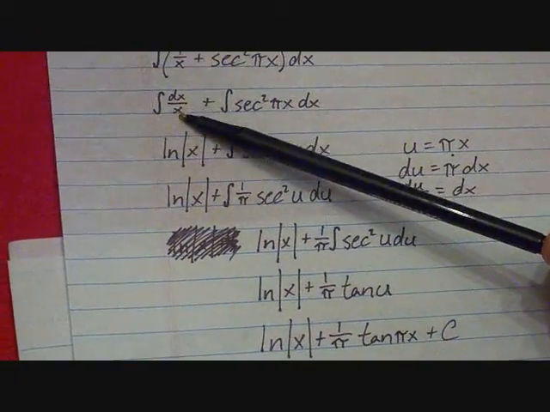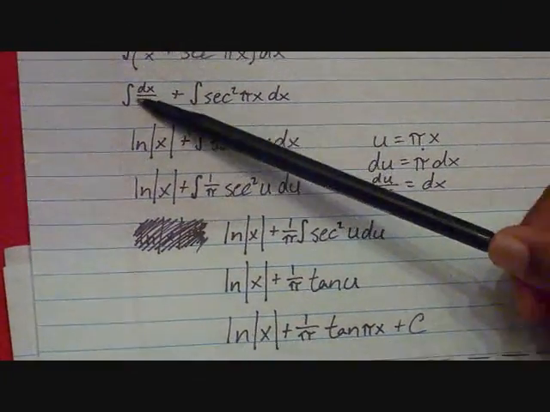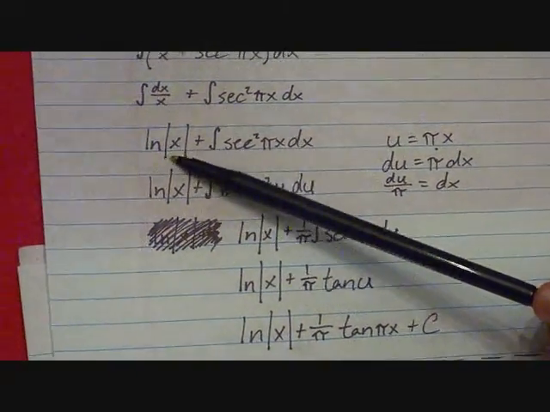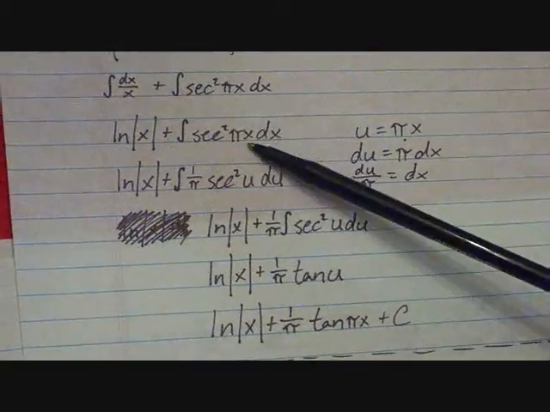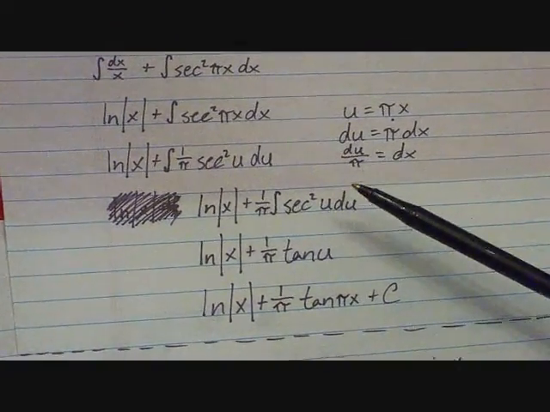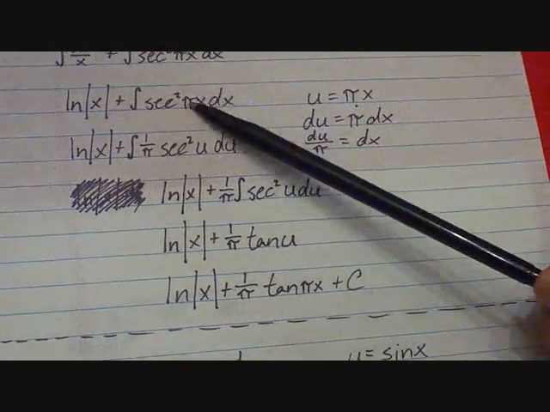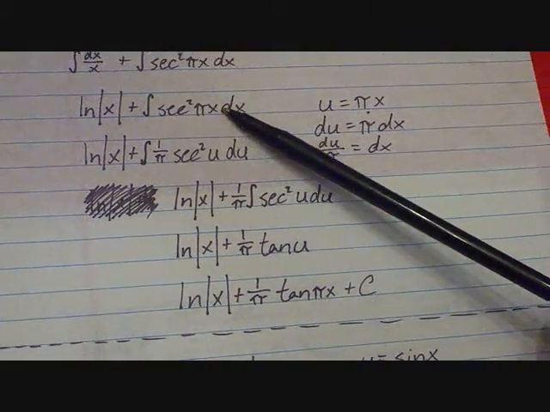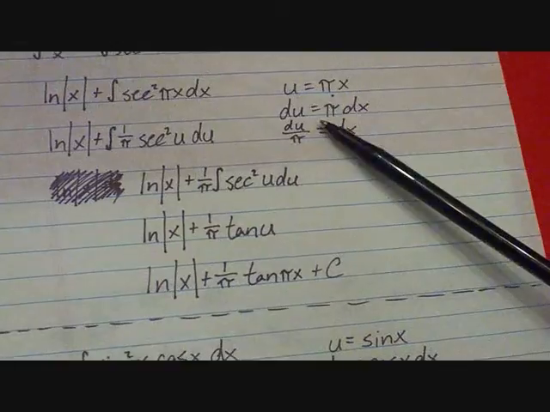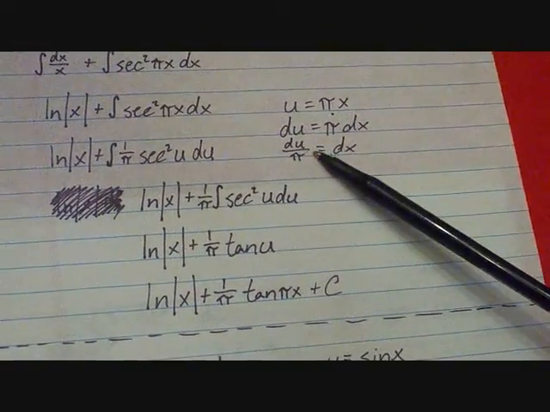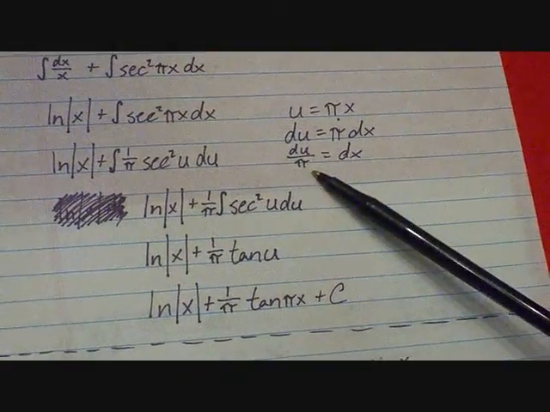The antiderivative of this function right here ended up being ln of the absolute value of x, plus the integral of secant squared pi x dx. So we have to pull a u out of this. So we get u equals pi x, the derivative being du equals pi dx, and to solve for dx we get du over pi.